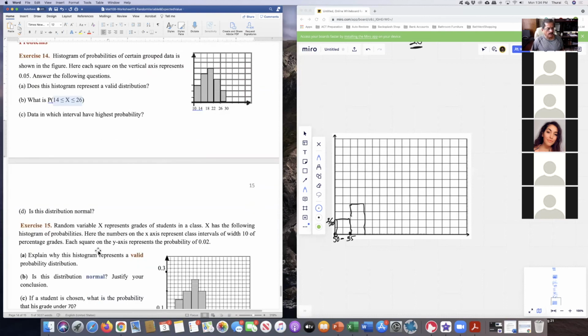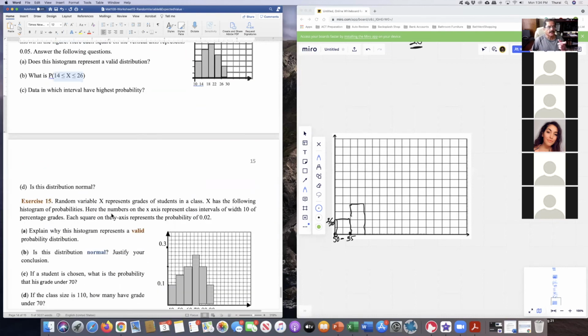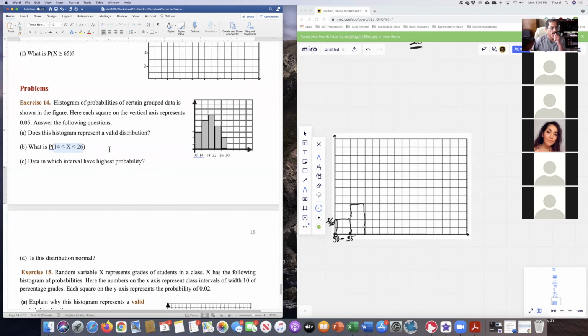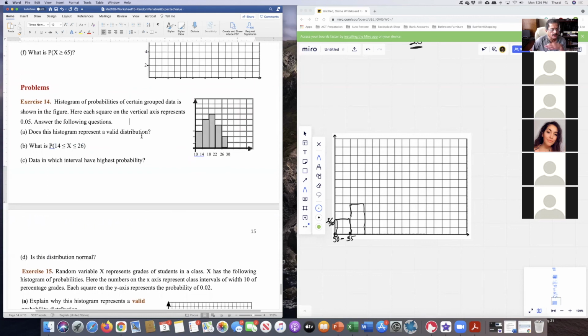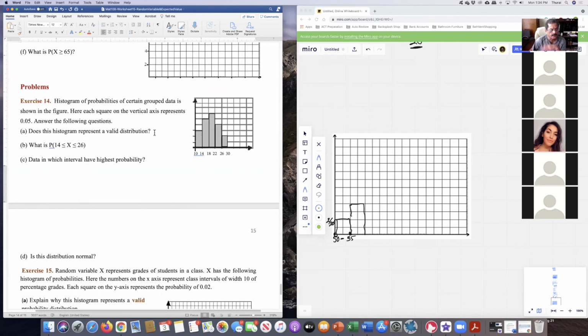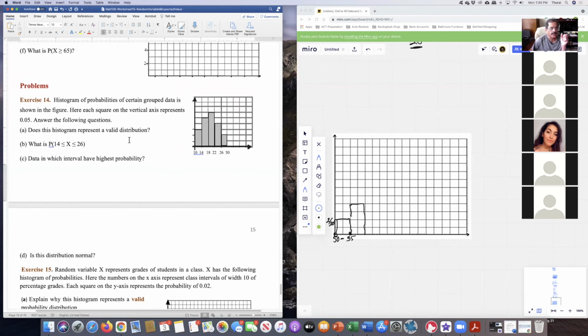Now remember, it's a common error. Here's the wrong answer I get every time, in every test. Does this histogram represent a valid distribution? And then I ask, justify your answer. The student says, yes, it is valid because it is bell-shaped. So you understand why it's wrong, right?